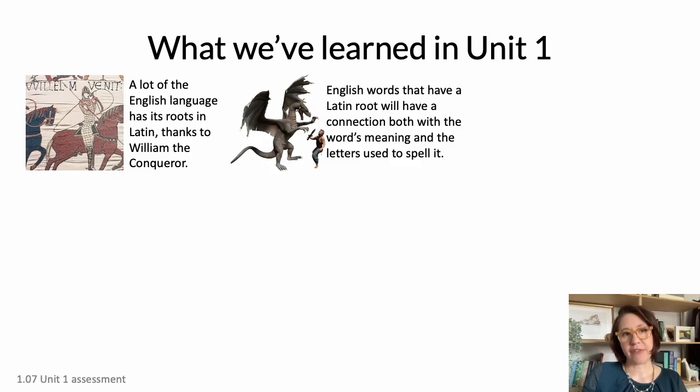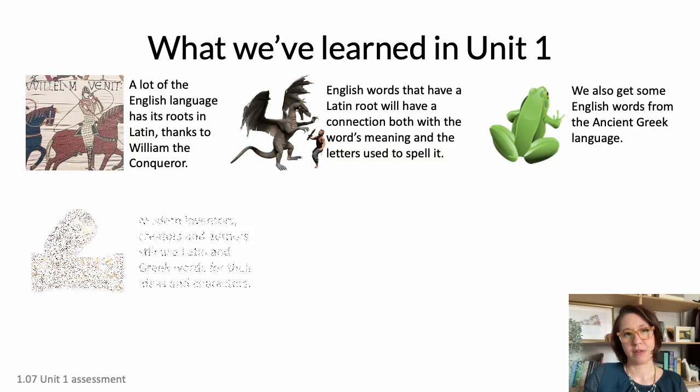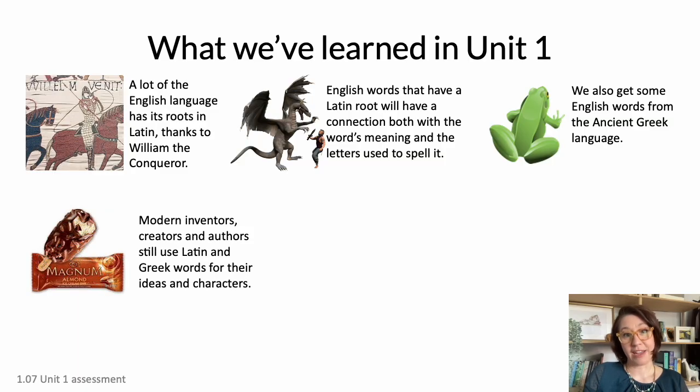English words that have a Latin root will have a connection both with the word's meaning and the letters used to spell it. We also get some English words from the ancient Greek language. And harking back to lesson 4, modern inventors, creators and authors still use Latin and Greek words for their ideas and their characters.